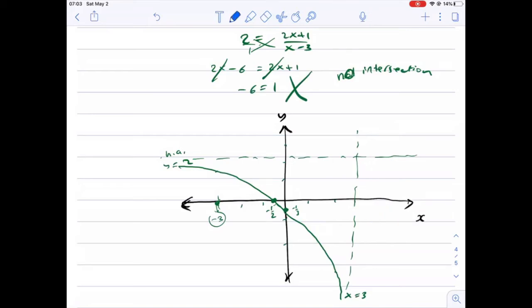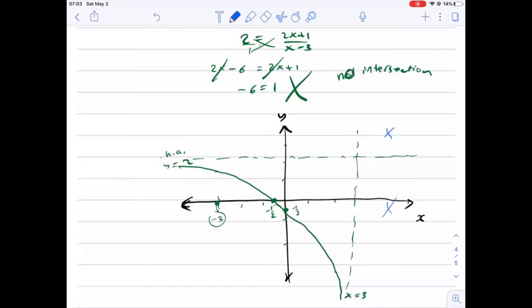The graph should be either here or here for this part. So for the left hand side, it was above, below the horizontal asymptote and to the left of the vertical asymptote.